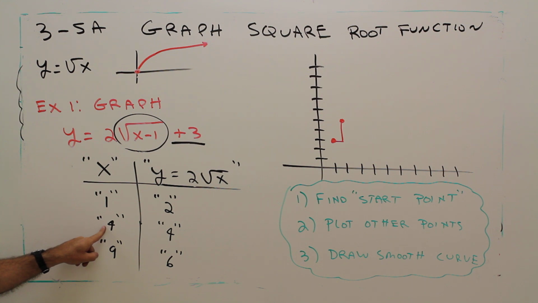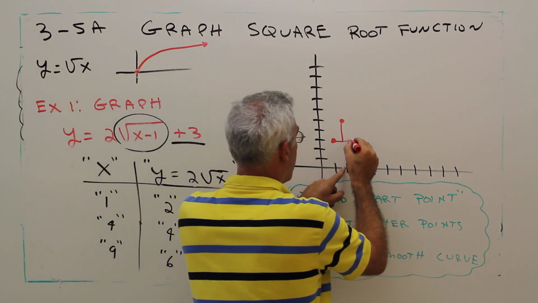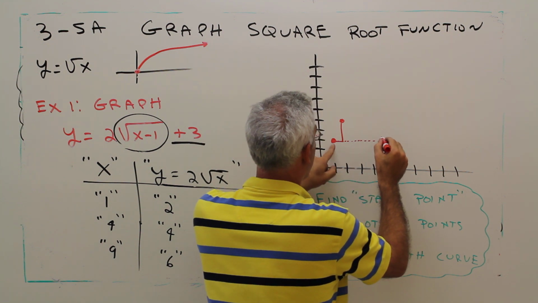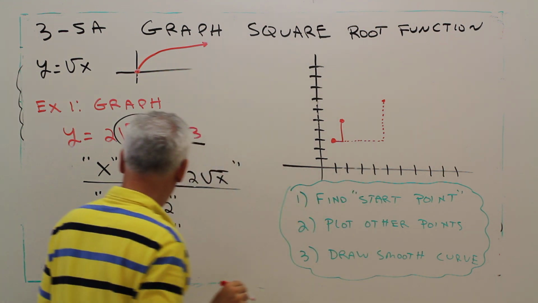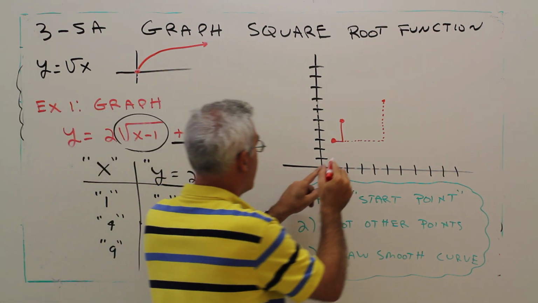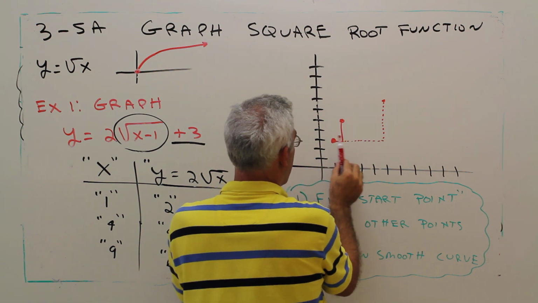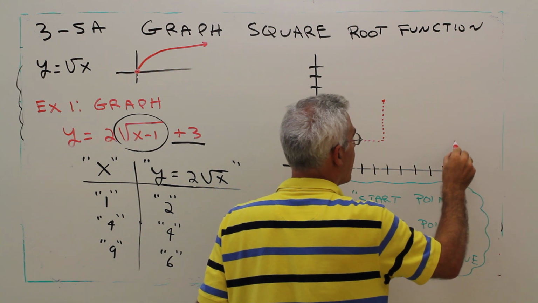From the starting point, 4 to the right and 4 up. 1, 2, 3, 4. And go 9 units to the right and 6 units up. 9 units to the right, 1, 2, 3, 4, 5, 6, 7, 8, 9.